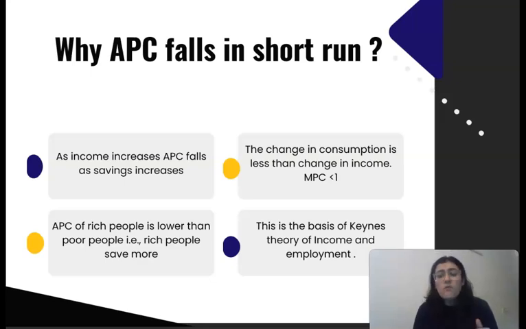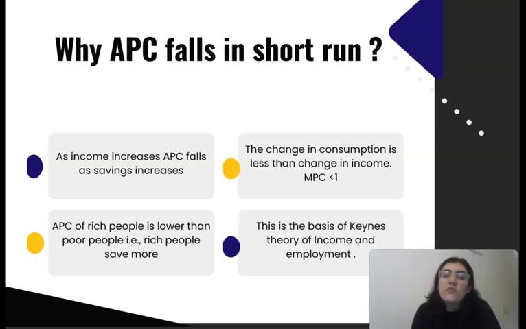Rich people have already covered the necessary things, but poor people many a time sacrifice their necessary things also, because they cannot earn that much, they cannot spend that much. But as their income increases, they will cover that also. So for sure, their consumption expenditure, as a proportion of income, will be higher than that of rich people.